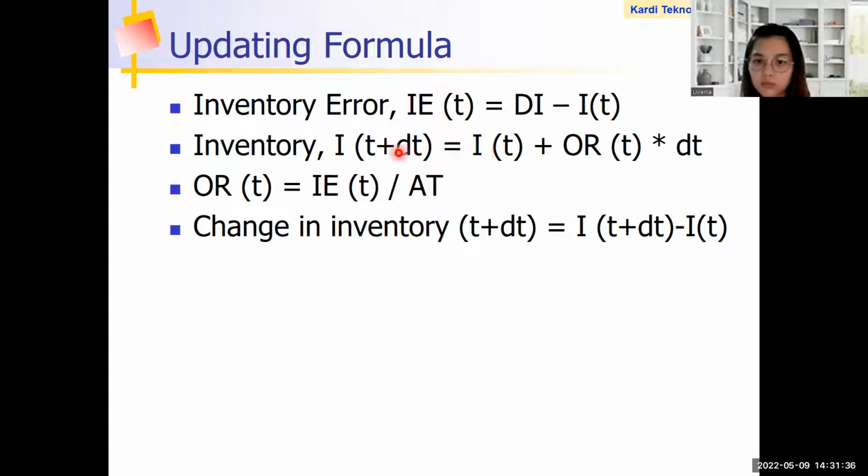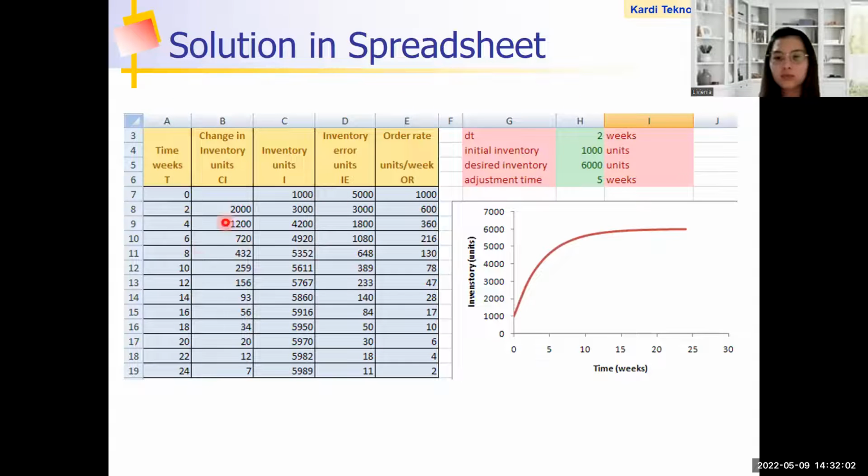And then this is the rate, and this is the order rate. It's just based on that equation given a while ago. Then you can calculate the change in inventory, which is just the difference in the inventory. Using this formula, again, you can calculate all this table.